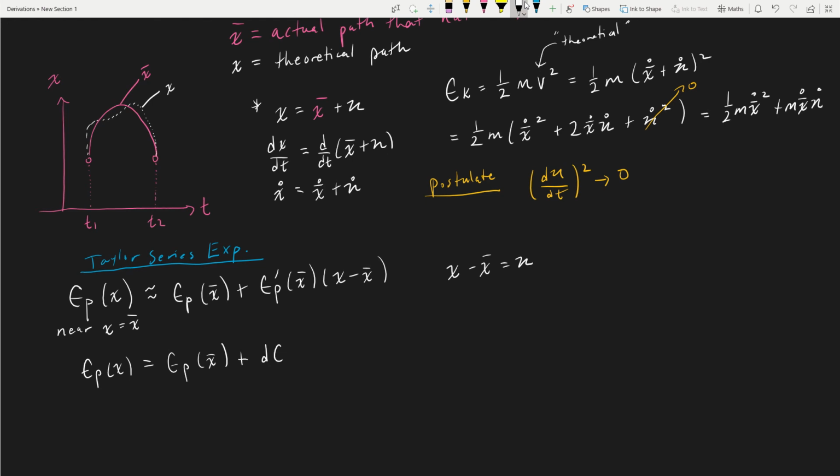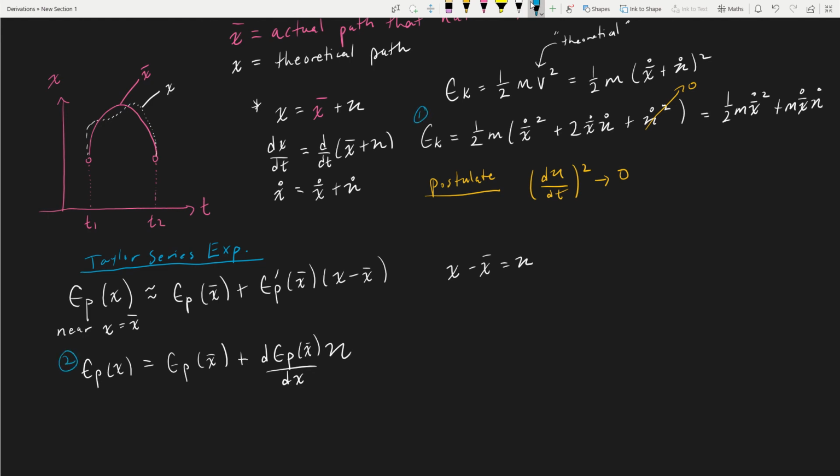I mean the derivative of EP with respect to x evaluated at x bar, times x minus x bar, which is eta. Okay, so that's kind of interesting. We established EK and EP, let's call these 1 and 2.